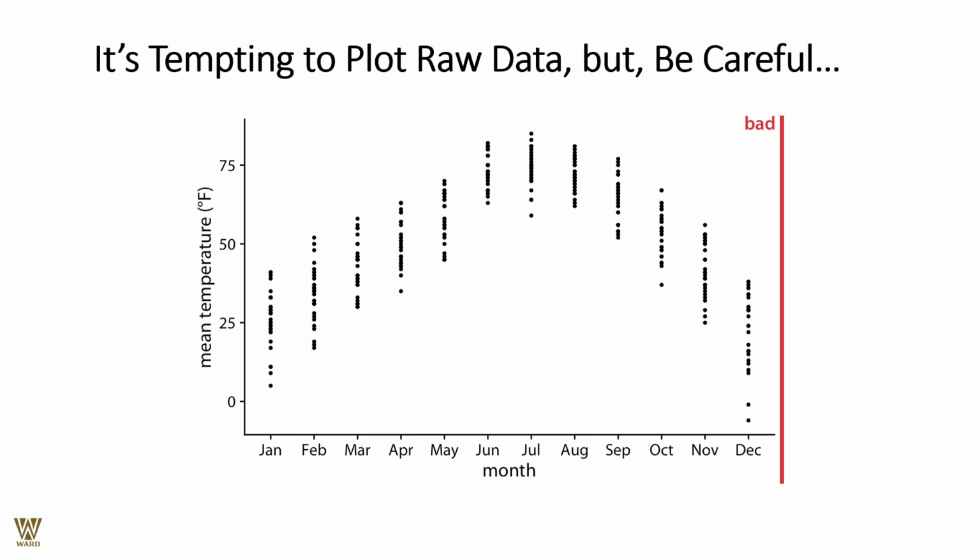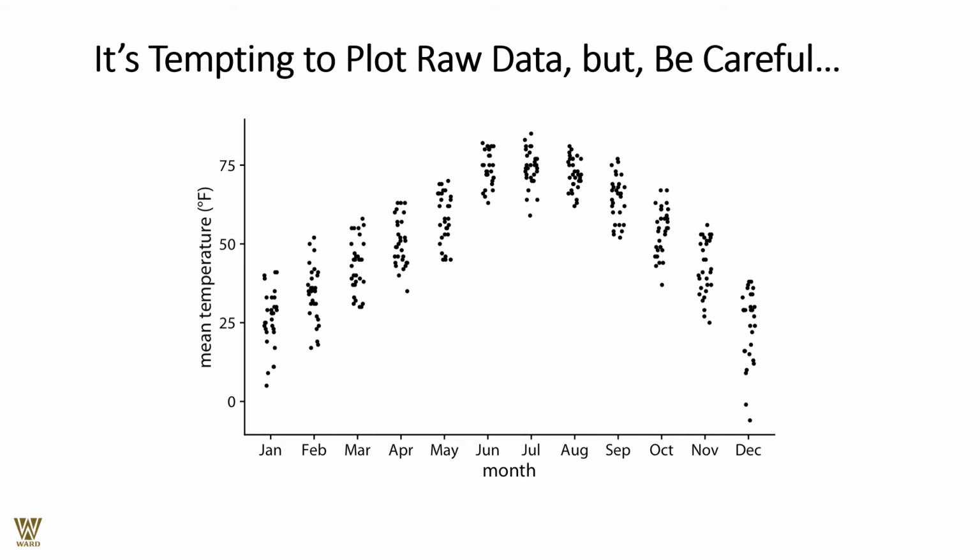It's tempting to plot raw data, but be careful. Absolutely be careful. Why is it tempting to plot raw data? Because that means you are not building in any bias. But the moment you bring a certain format to it, you are helping the data visualization and arriving at a decision. That is the reason why it should be plotted.